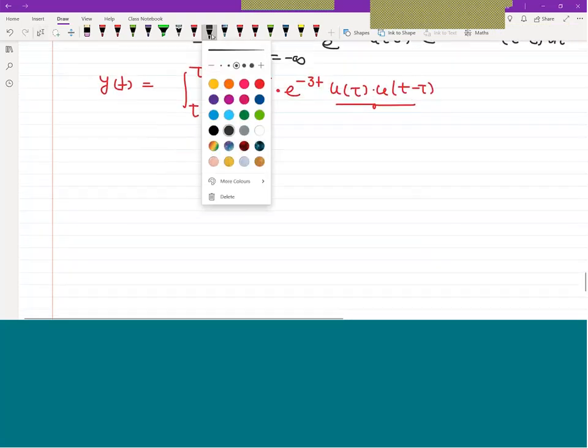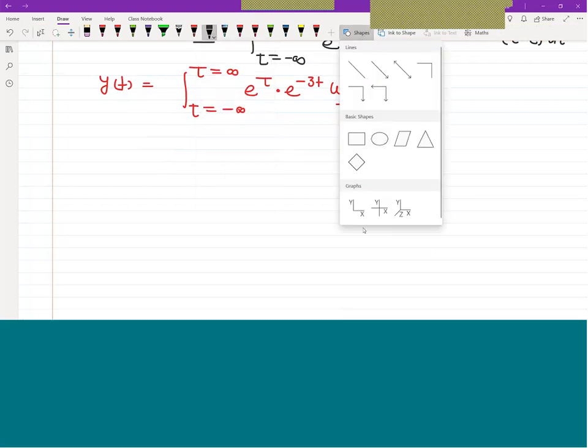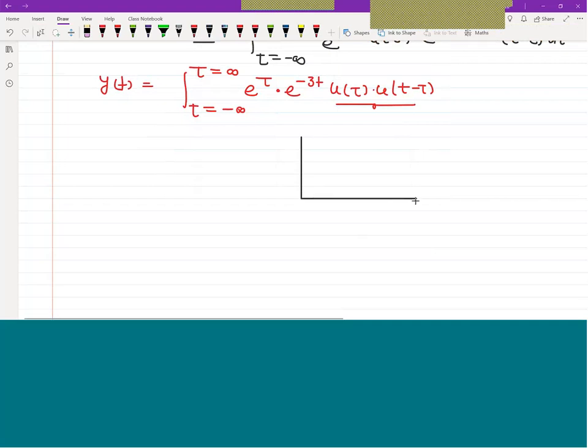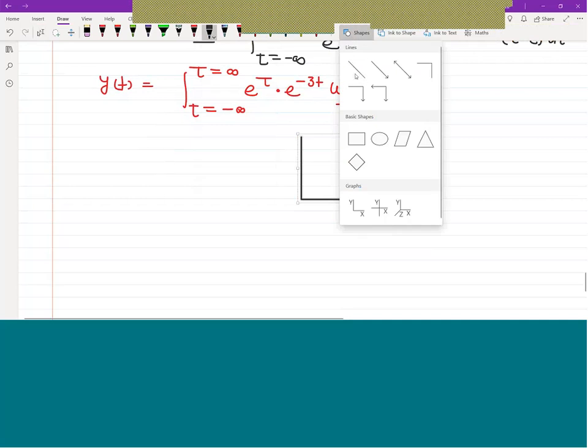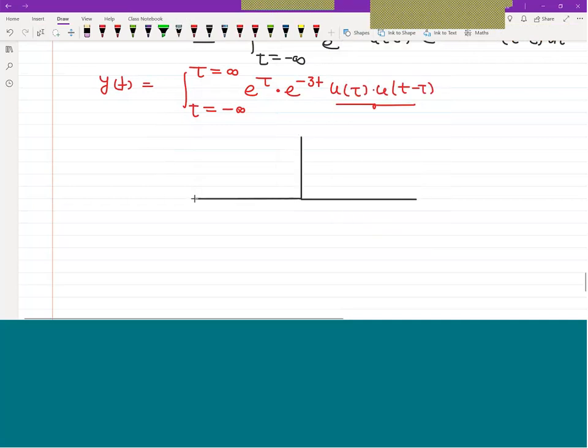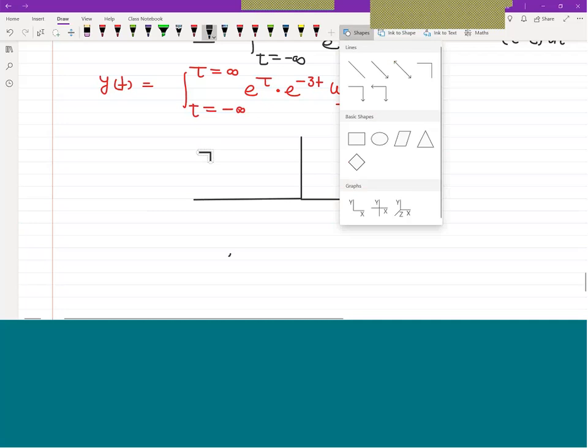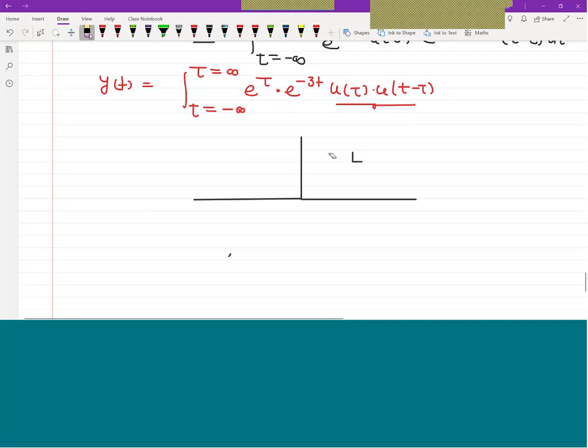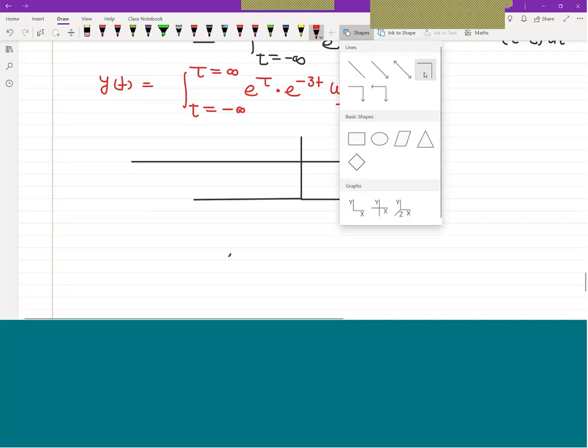So can I say this function is u(t minus tau), and the next function is u(tau), which will look like this.